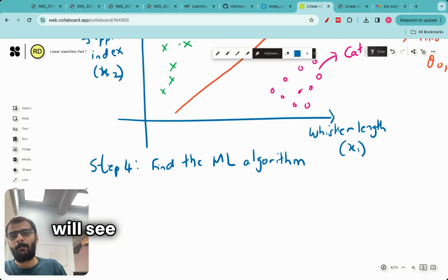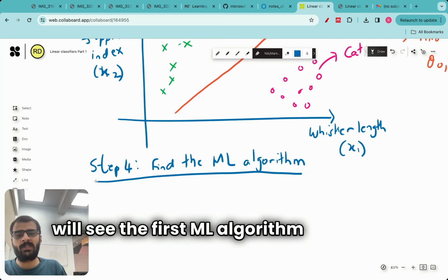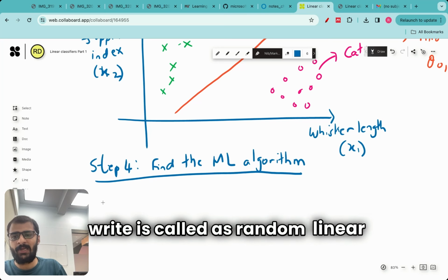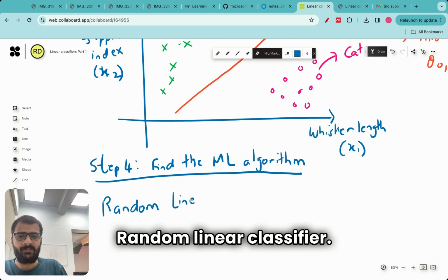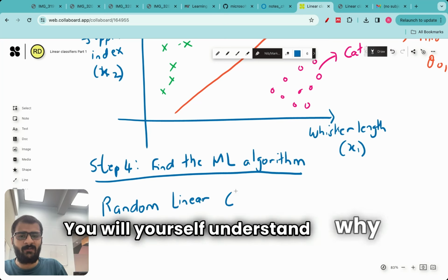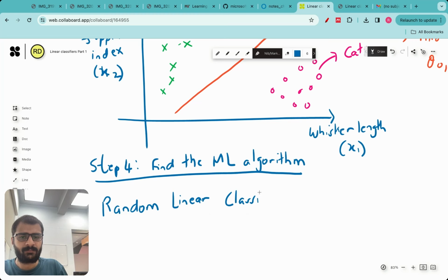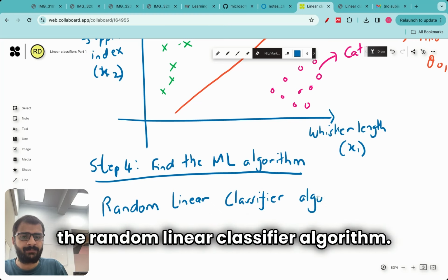As you will see, the first ML algorithm which you will write is called the Random Linear Classifier. You will yourself understand why it is called random.